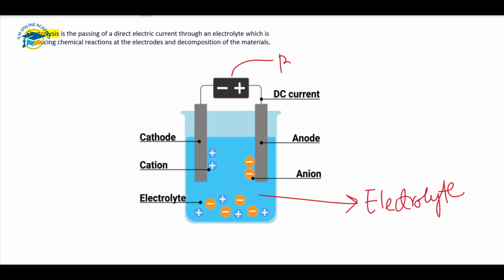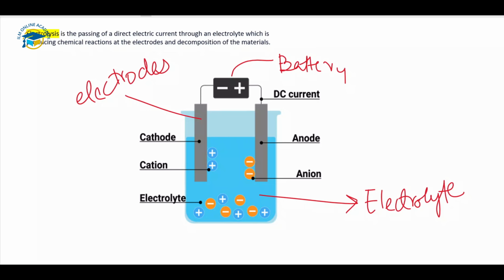This is the battery from where the electric current is provided. These are the electrodes. Electrodes are made of mostly inert substances, such as platinum, and also graphite and carbon. All these can be used.